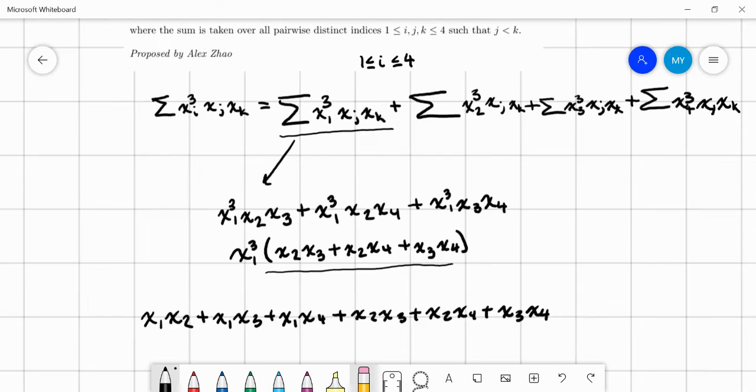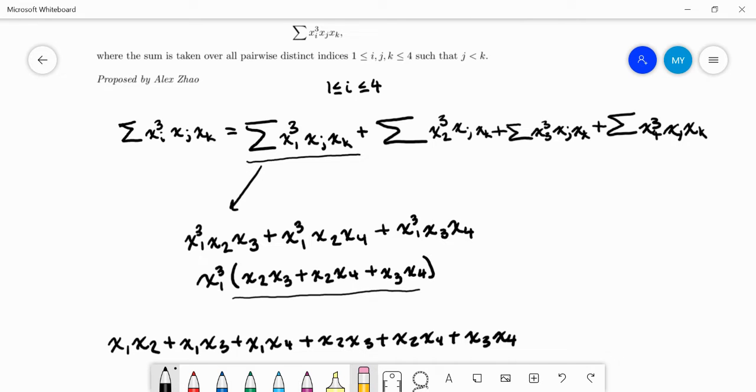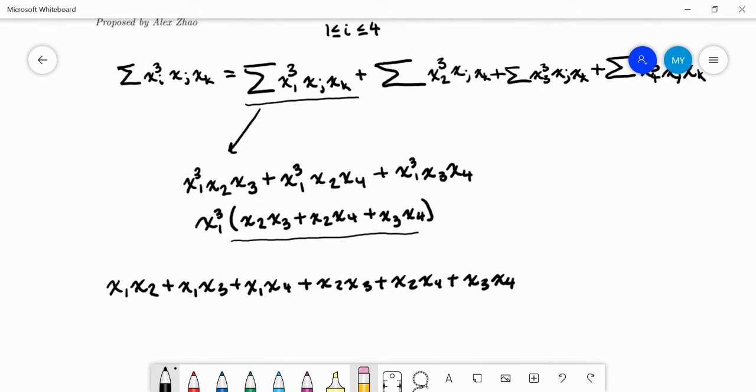And from Vieta's formulas, we know that this second symmetric sum has a value of 7, because this is just the coefficient of the x squared term divided by the coefficient of the x to the 4 term. So this sum, we know it's 7.